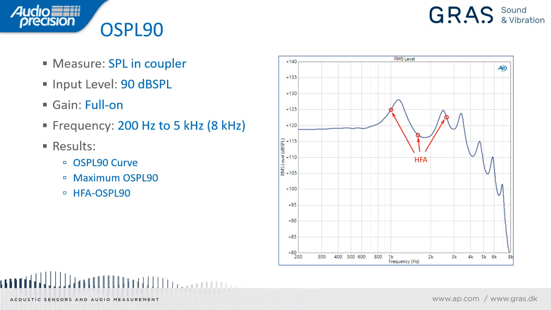HFA stands for high frequency average, and it's derived by taking the average of the level or the gain at 3 frequencies: 1 kilohertz, 1.6 kilohertz, and 2.5 kilohertz. So we simply take the average of the decibel levels at those frequencies, and that's the HFA gain or level.